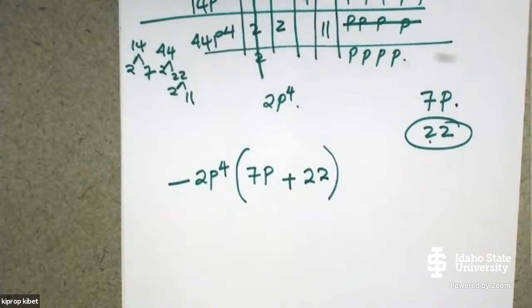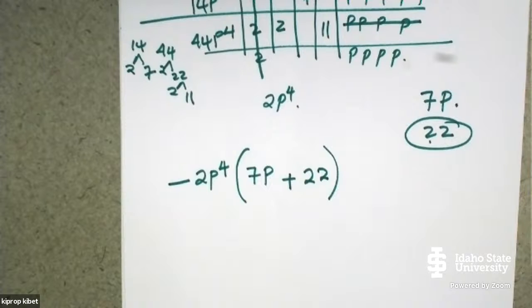Here, 2p raised to 4 is dividing the greatest common. We used to call it greatest common divisor. I don't know why they say greatest common factor. So you get something which is dividing both 44p raised to 4 and 14p raised to 5, and what remains is the remainder: 7p and 22 is what remains after dividing.